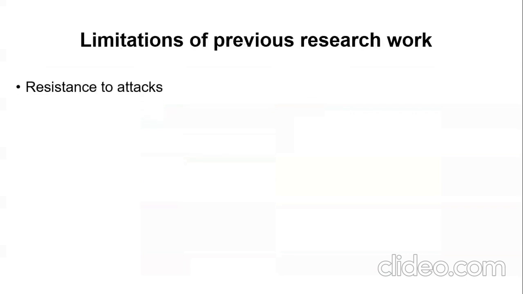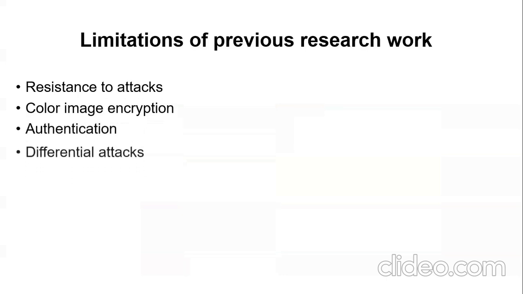The limitations of previous research work include, for AES implementations, resistance to attacks is not included. The chaos-based methods are basically implemented on medical grayscale images, so color image encryption is not included. Chaotic encryption does not include authentication.